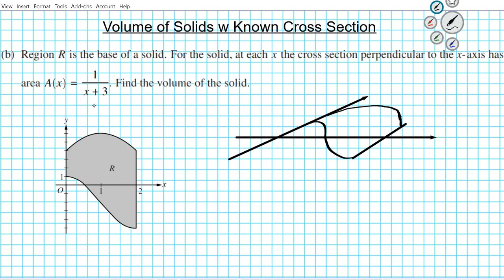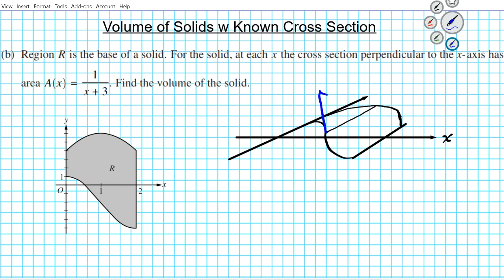But this expression basically represents the area of the cross section, okay? Perpendicular to the x-axis. So this is your x-axis right here. On top of this, I'm just going to give you one slice. This is not correct, it's just a rough sketch. Let's say it looks something like this. It doesn't matter how you draw it.